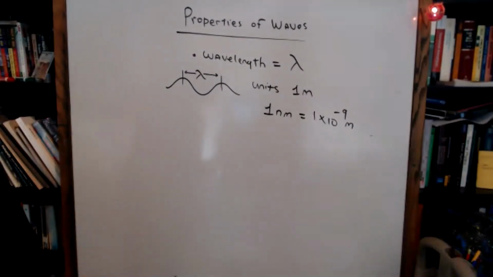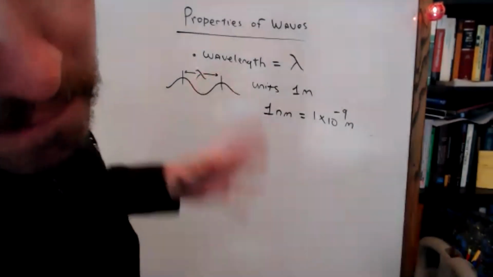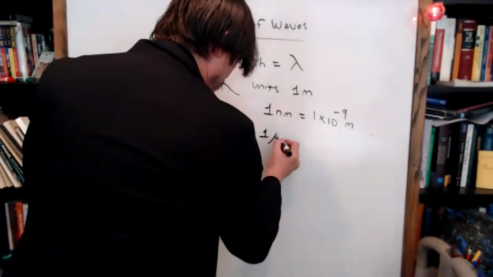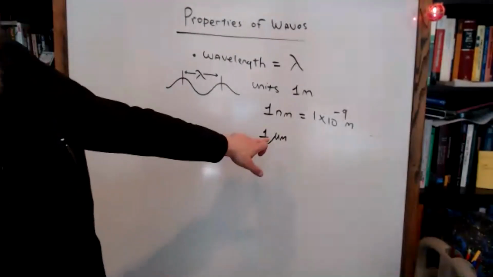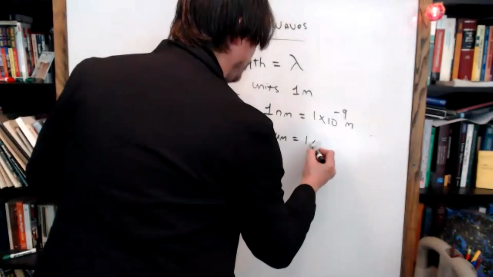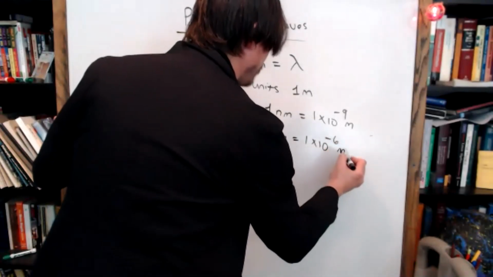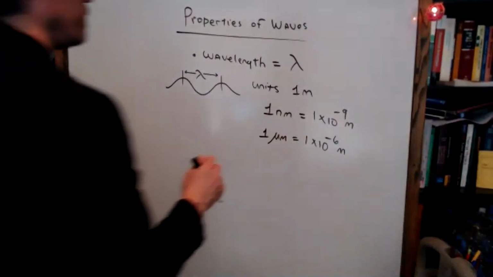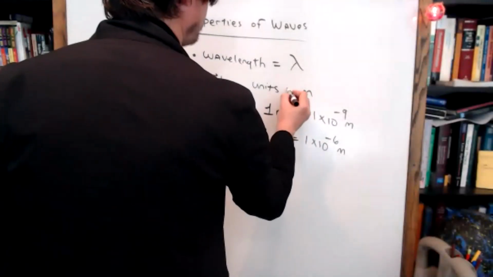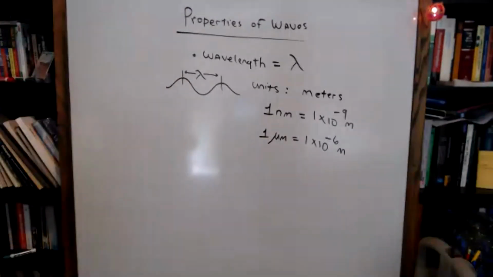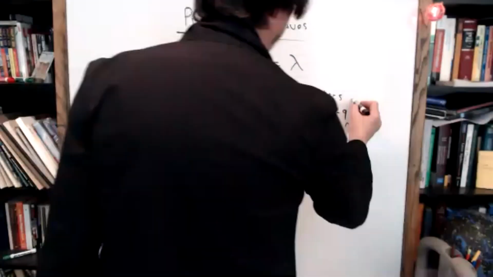Or in some cases, we even tend to express them in a unit called microns or micrometers. 1 micrometer, that's the Greek letter mu, kind of looks like a U. 1 micrometer is a millionth of a meter. But the standard unit is the meter. So put a check mark next to that.